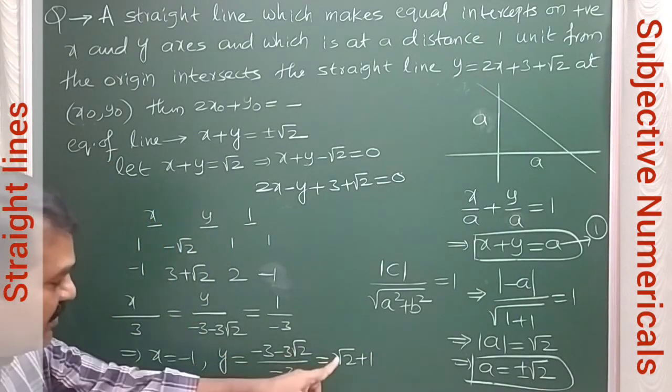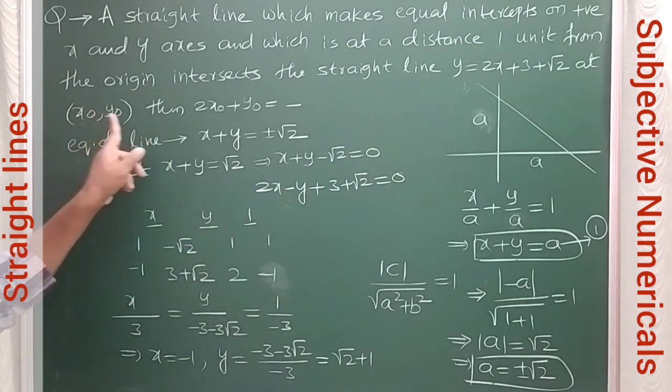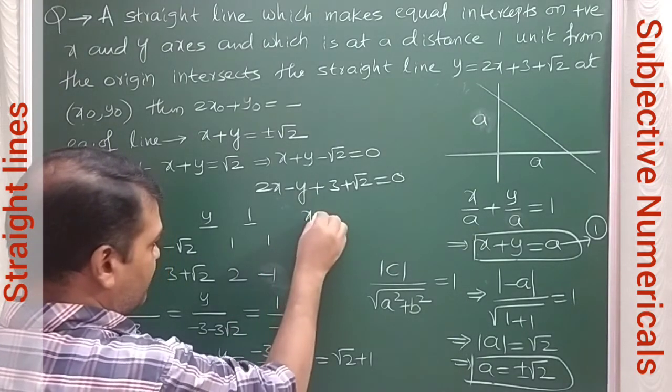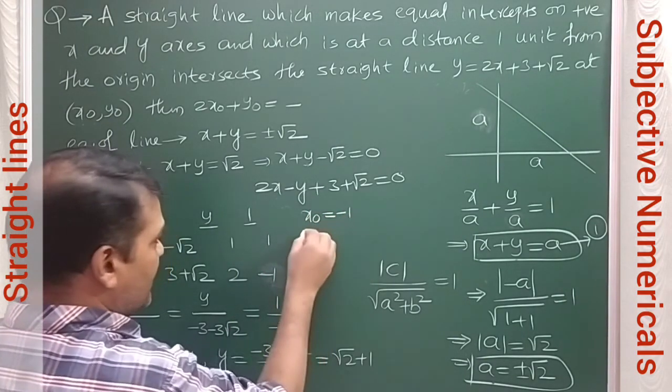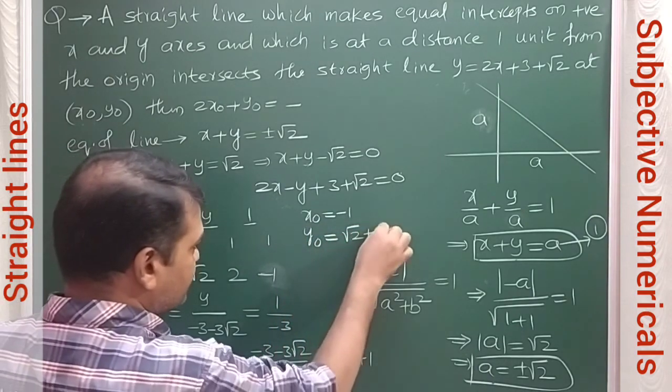This is the point of intersection of these two lines, which is actually given as x0 comma y0. That means x0 is minus 1 and y0 is root 2 plus 1.